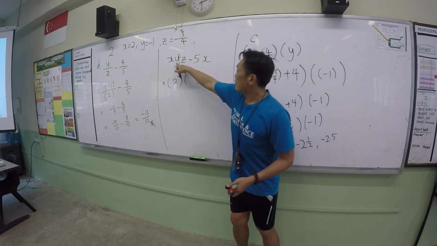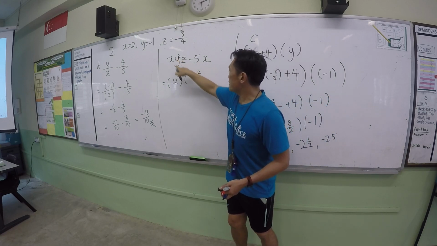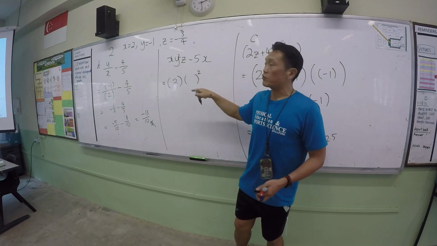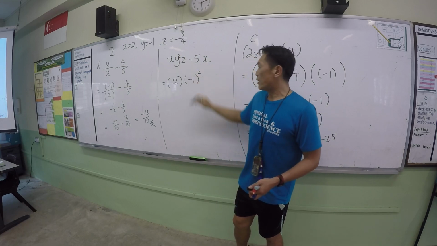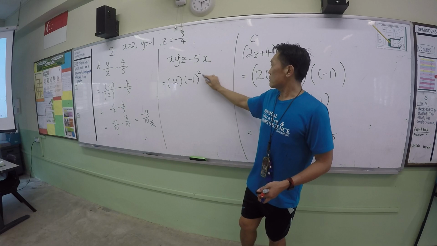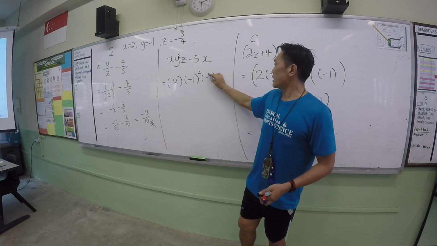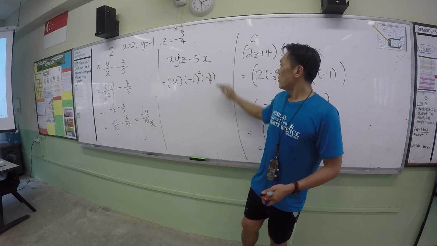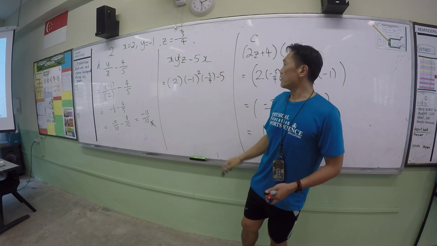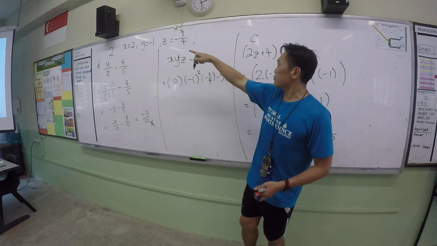Okay? When your y is being squared, I replace y means the bracket is being squared. So y is negative 1. z, so bracket, negative 3 over 4. Minus 5, not substituted, so x bracket.